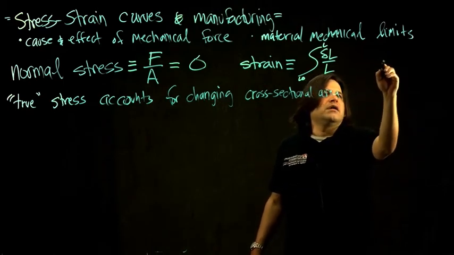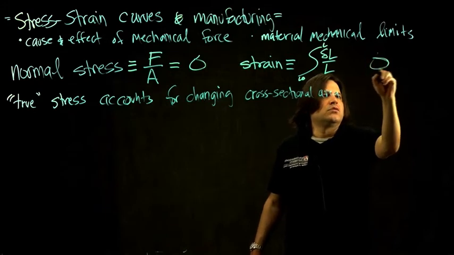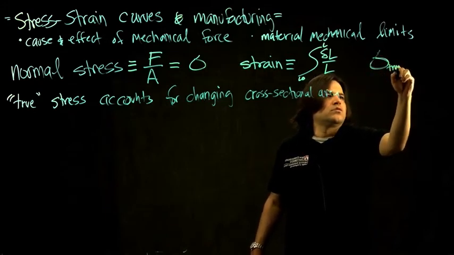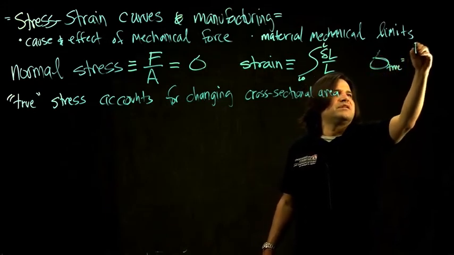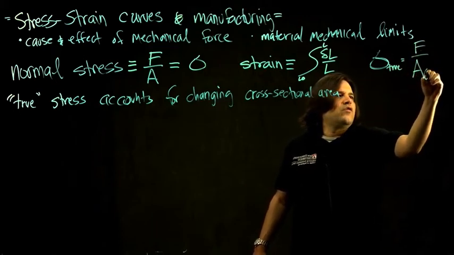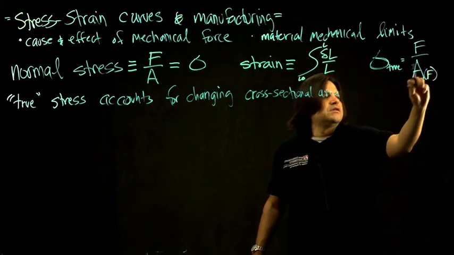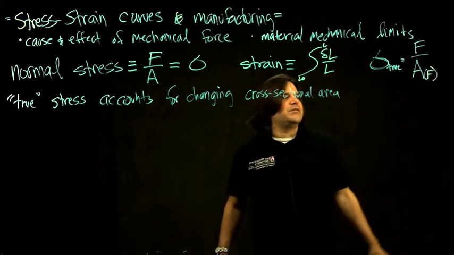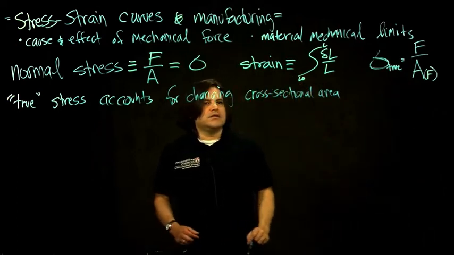So we'll call it sigma true, equals the force that's applied at one given test over the area, which might change with force. So this is area, and it depends on the force you're applying.